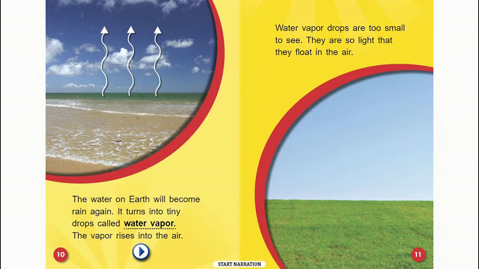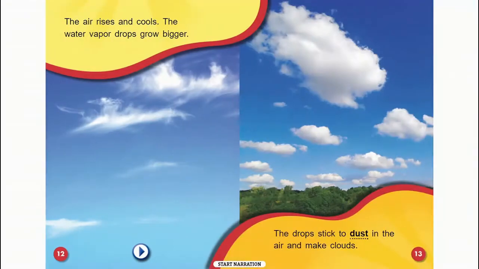Water vapor drops are too small to see. They're so light that they float in the air. Teeny, tiny drops of water are in the air, water vapor. They float up into the sky and they cool down.